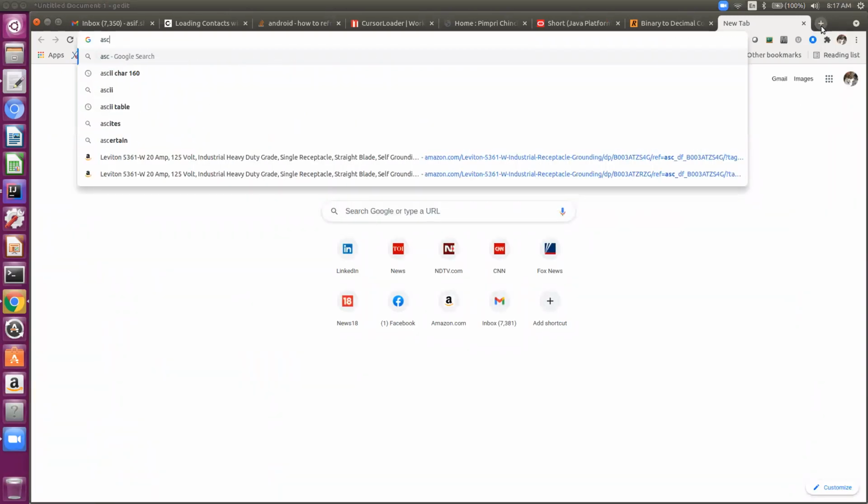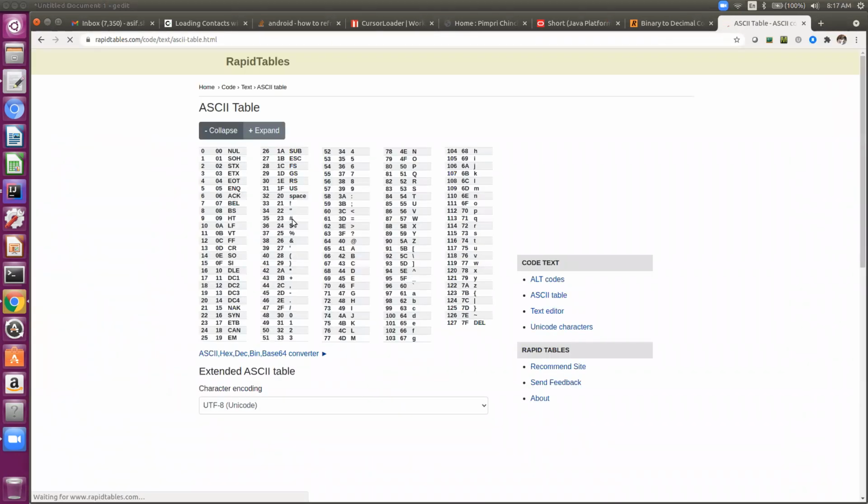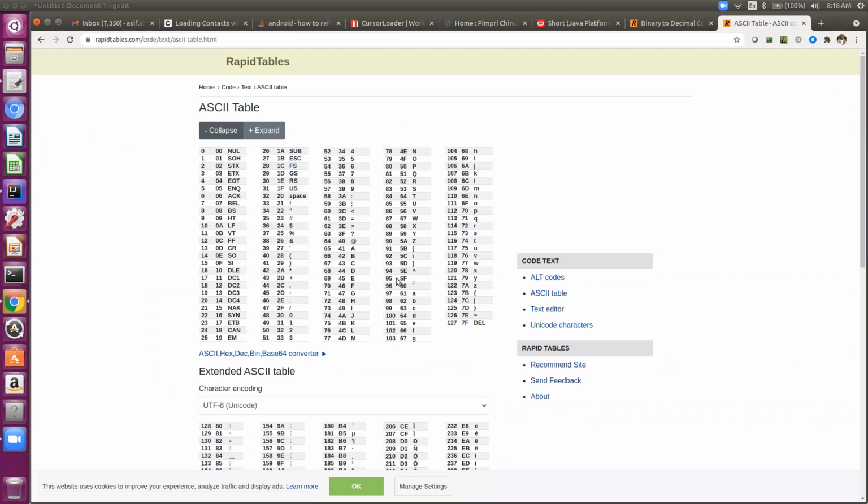Let's see the ASCII table. You see there is a difference between a small a and a capital A, because in terms of printing or programming, say your name's first alphabet should start with a capital, the rest lowercase. If you look at it, the ASCII value of A is 61.